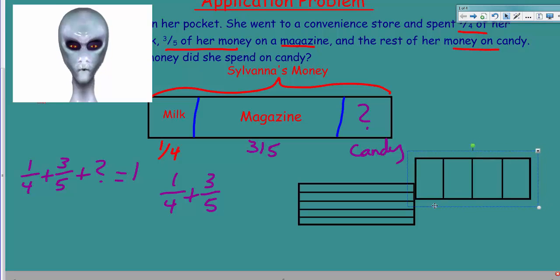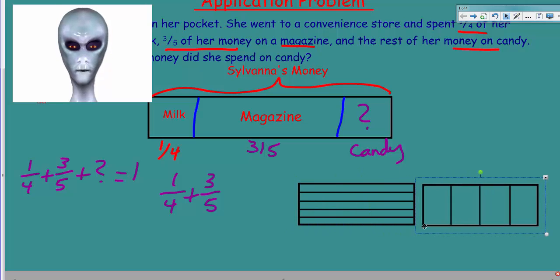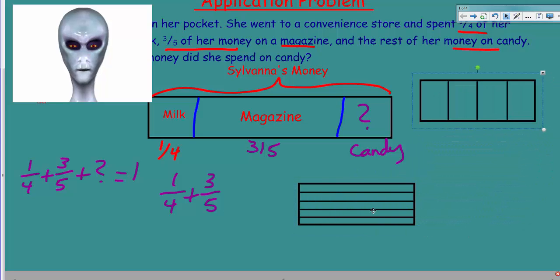And what we were doing was, we were taking a look at it, and we realized that if we could break up the units so that they're equal in both fifths and, in this case, fourths, that we could then add the fractions together. And as you can see here, it's making 20ths, because we have 5 going in this direction and 4. 5 times 4 is 20. I'm just kind of showing you that.